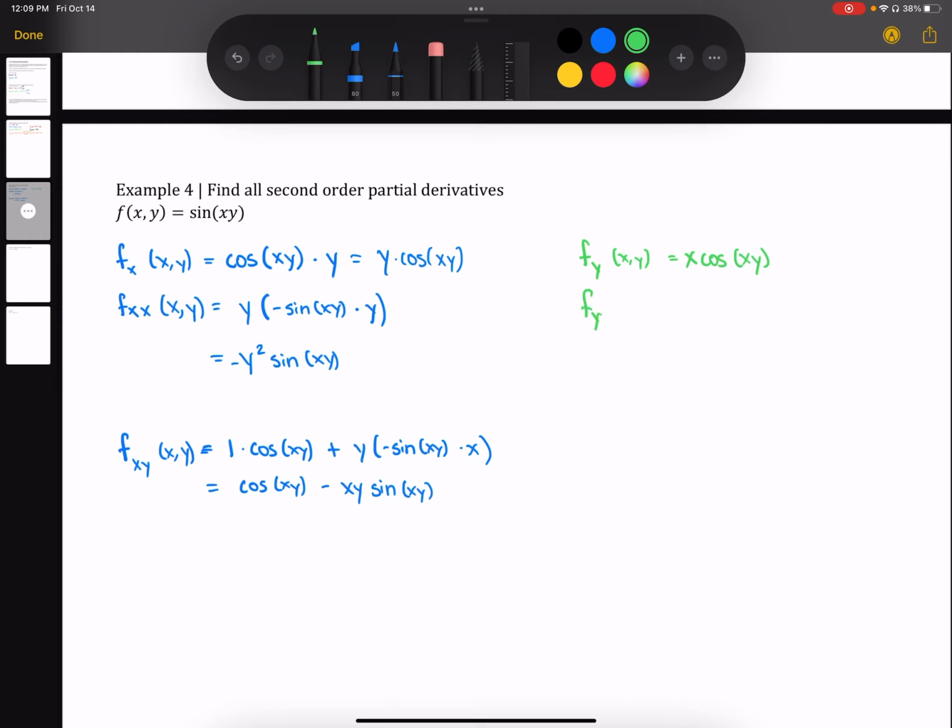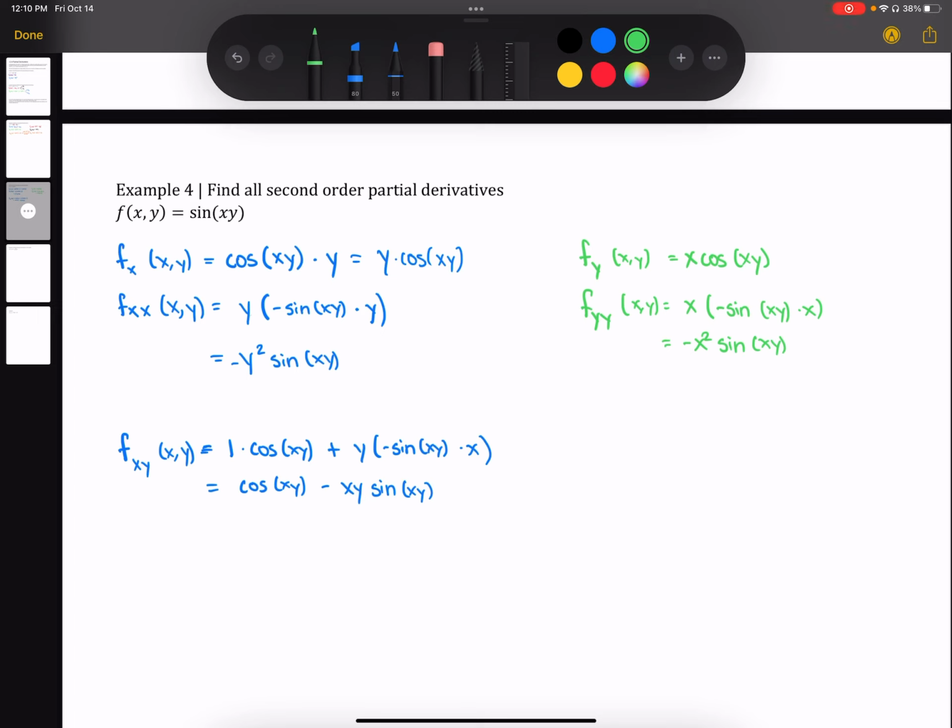Our second derivative with respect to y: we keep the x, multiply by the derivative of cosine, which is negative sine xy, but then we multiply by the derivative of xy with respect to y, which is multiplying by x again. So we get negative x squared sine xy.